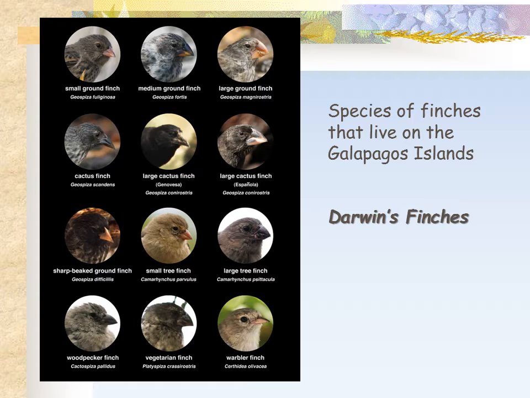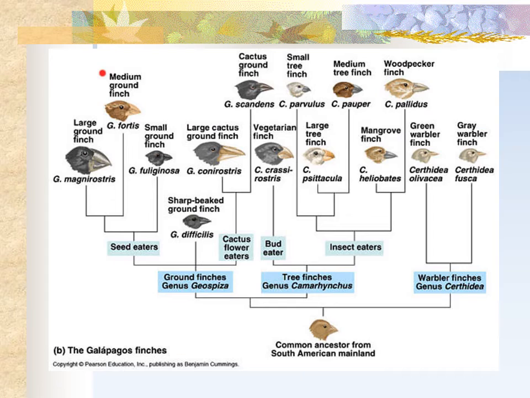These are the finches that Darwin is famous for studying that are from those Galapagos Islands. He made the hypothesis that these finches probably all came from one ancestor that would be found on the mainland of South America.